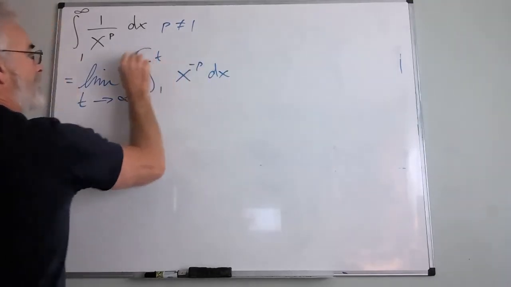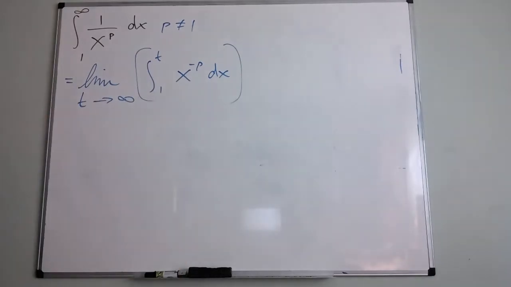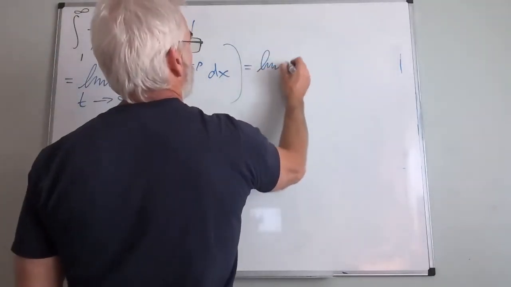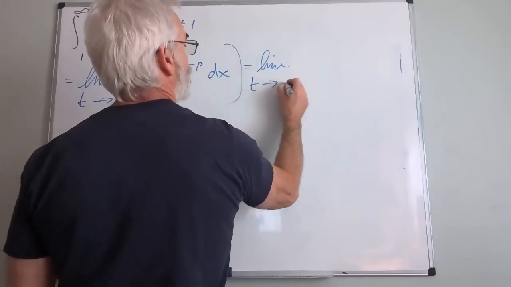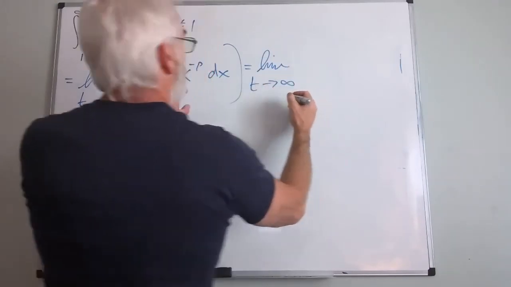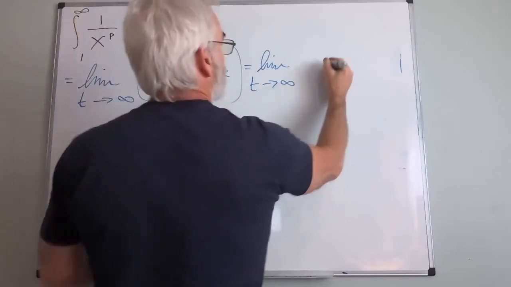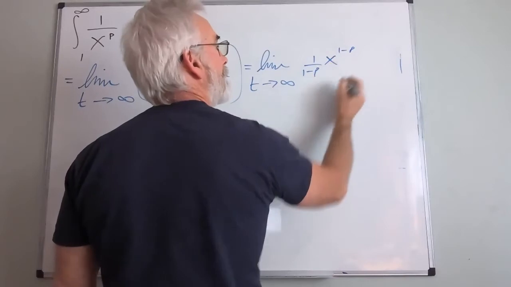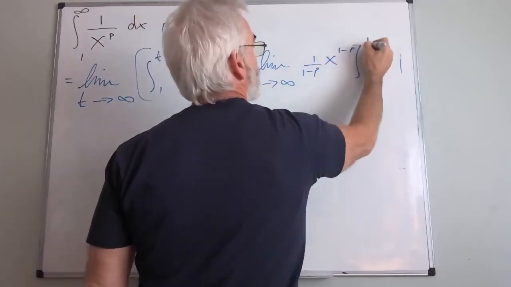Might make it easier to see, okay? So that will be the limit as t goes to infinity of, now, add 1 to the exponent, and then 1 over that value, from 1 to t.